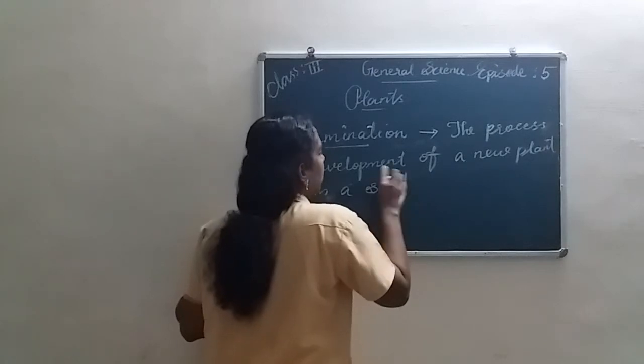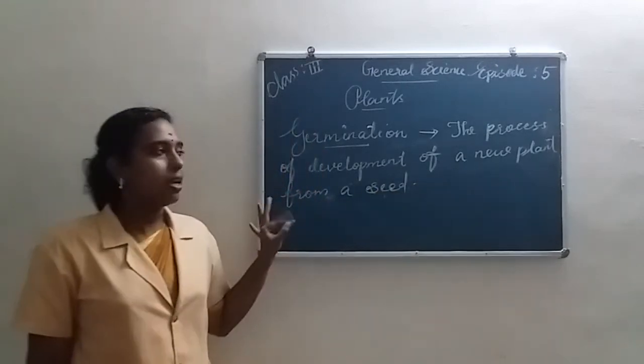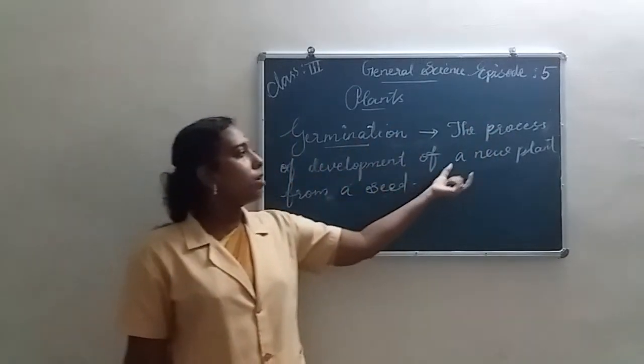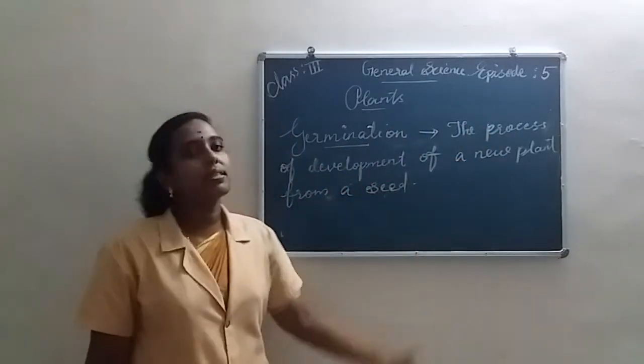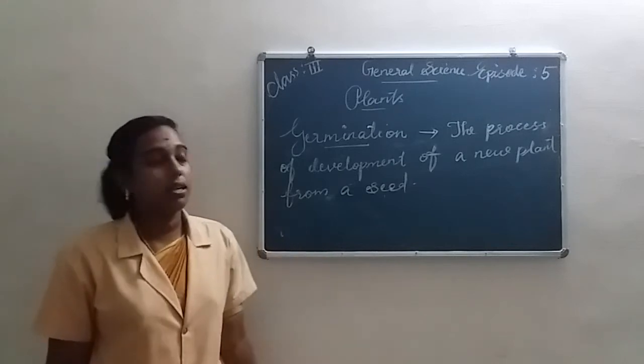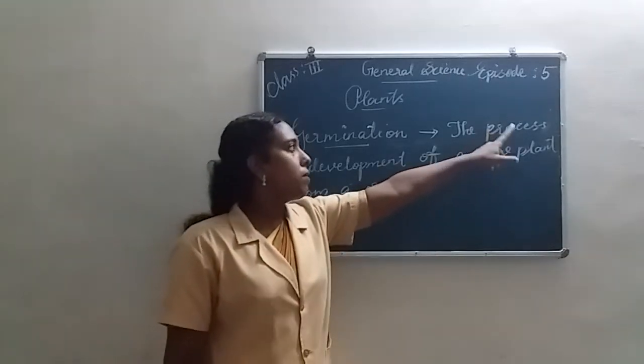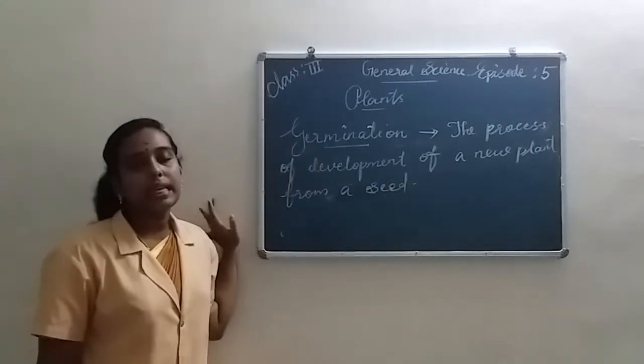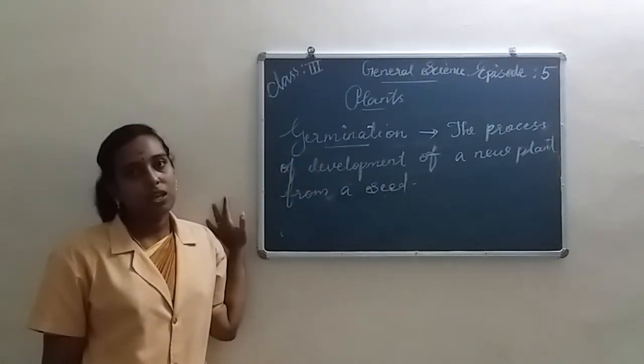So the process of development of a new plant from a seed is called germination. I repeat once again, the process of development of a new plant from a seed is called germination.